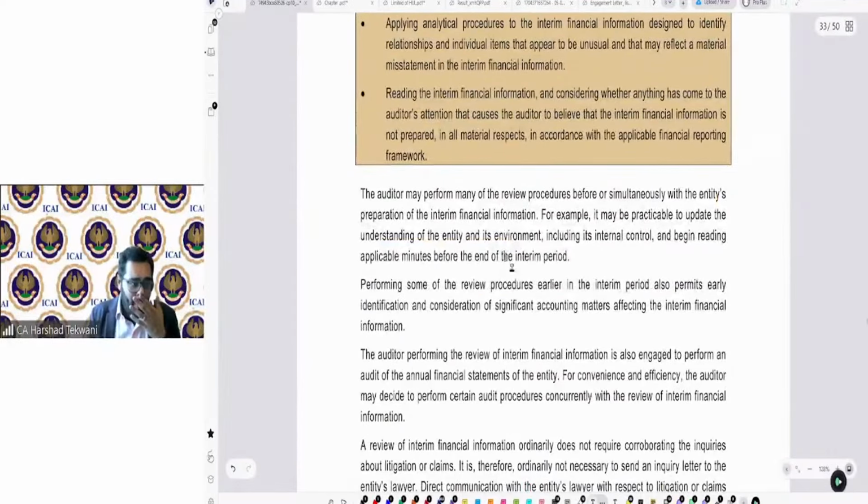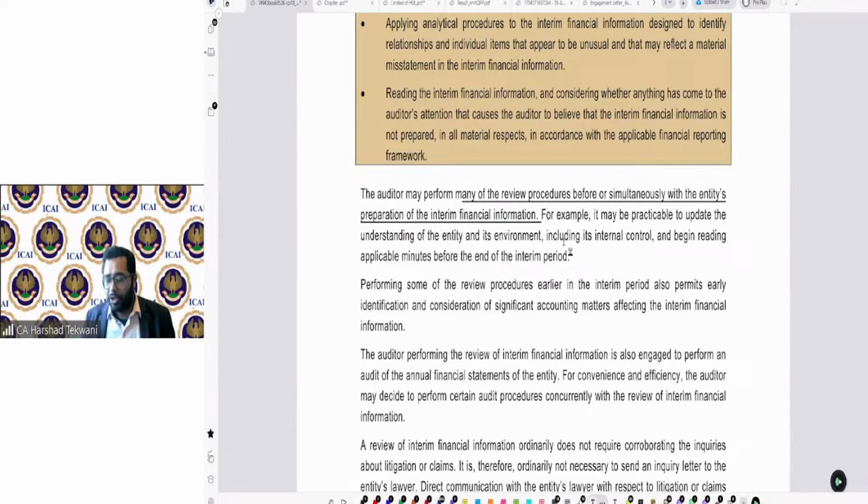The way I was talking about, the auditor may perform many review procedures before or simultaneously with the entity's preparation of financial information. See, when it is interim financial information, as and when the entity prepares their interim financial information after the closure of the quarter, the auditor starts performing the procedures along with the preparation by the entity.